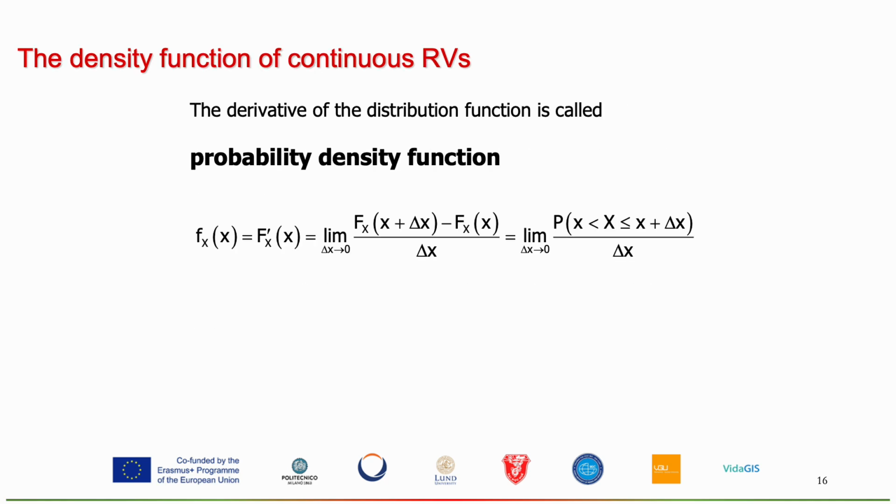So, the derivative of the distribution function is called probability density function, or simply density function.